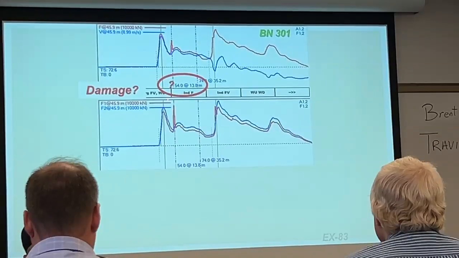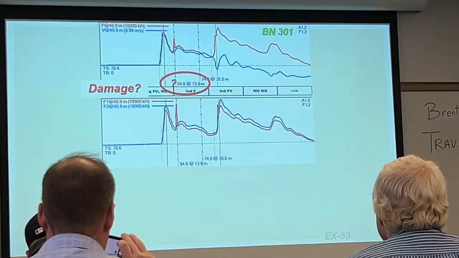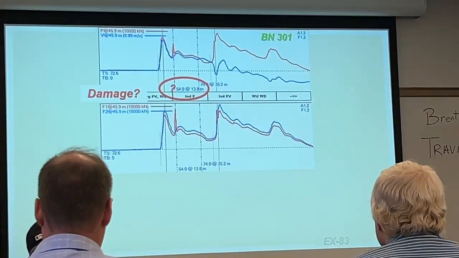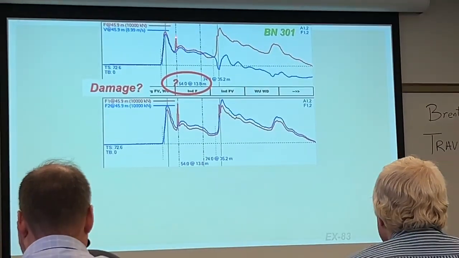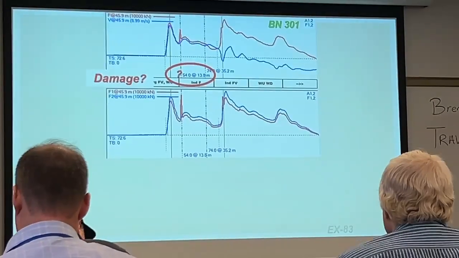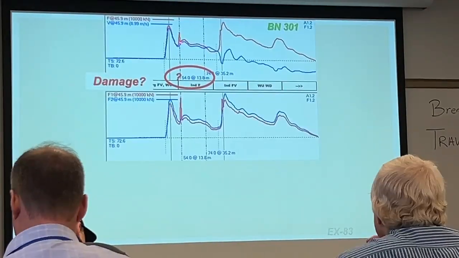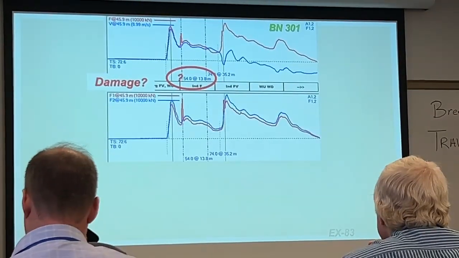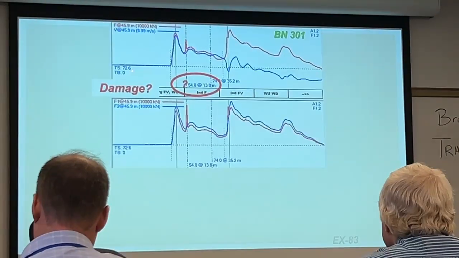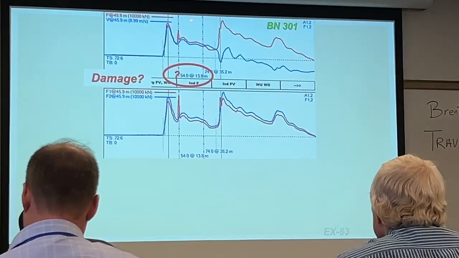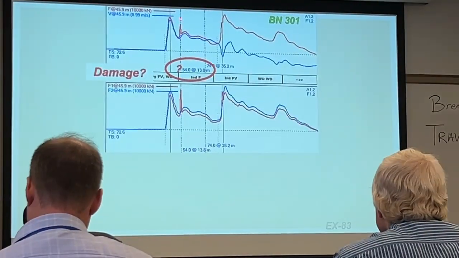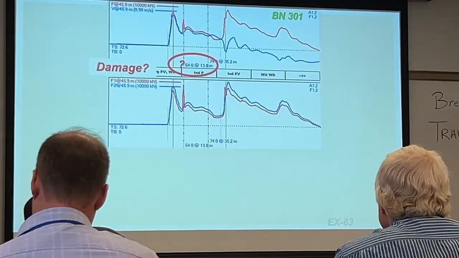We haven't really talked about it yet, but the PDA also gives indicators of damage. And those indicators happen when the wave up abruptly drops down, which means when either the force abruptly drops or the velocity abruptly increases relative to the other. So I'm getting a damage indicator here. This is not a diesel hammer. Proportionality looks very good. Everything else looks pretty good, except I've got this big spike there.